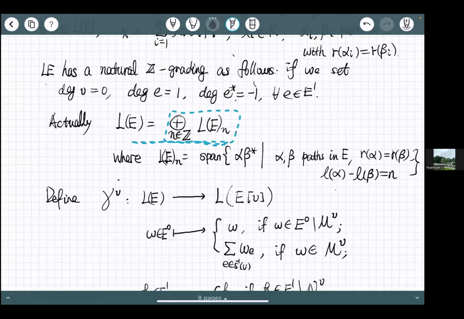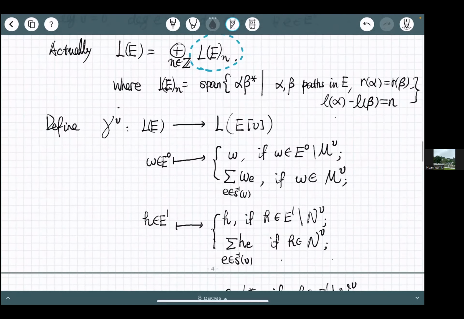That means paths with real edges have positive length, and the star of a path has negative length. So we have the natural grading for Leavitt path algebras. My aim now is to define a map between these two Leavitt path algebras.